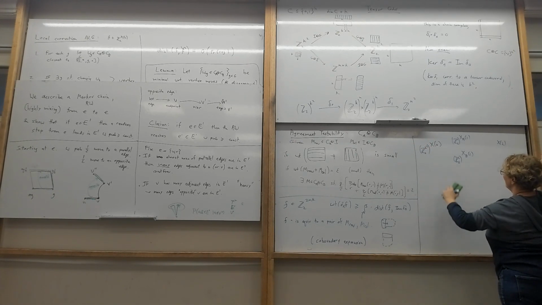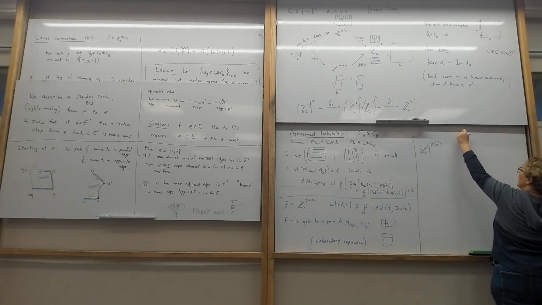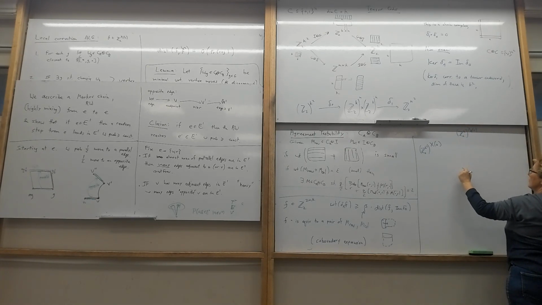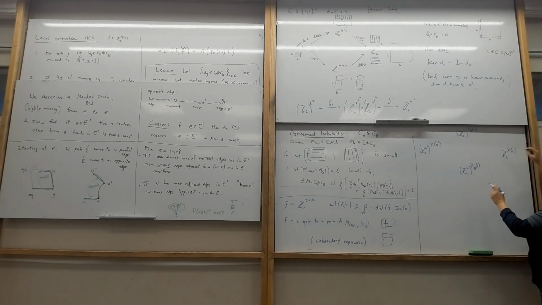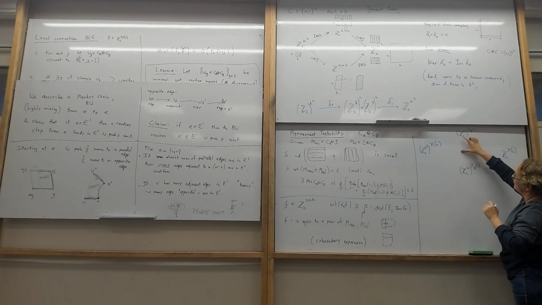Let me do it nicely. So z2 to the k to xa1 and z2 to the k to xb1. And for every square, I'm just going to put a bit. You think of these two spaces as just the direct product of these two spaces. There is a cross here.